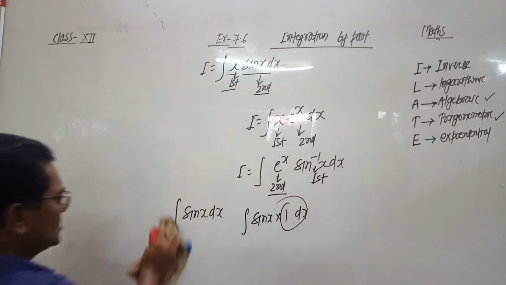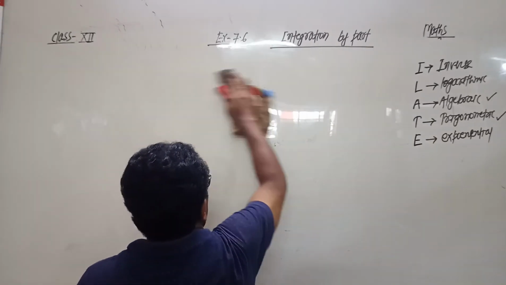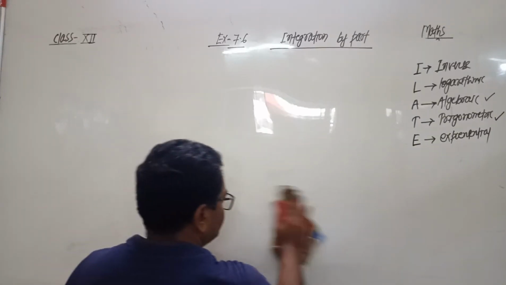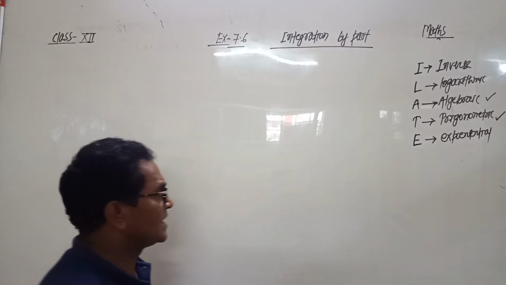Now the formula which we use in this exercise of integration by parts is: firstly we will select the first function and second function.